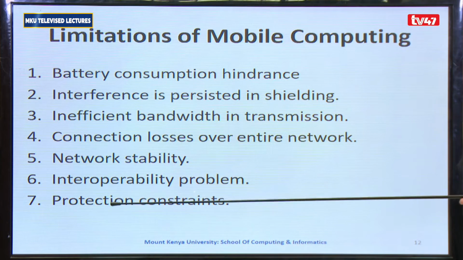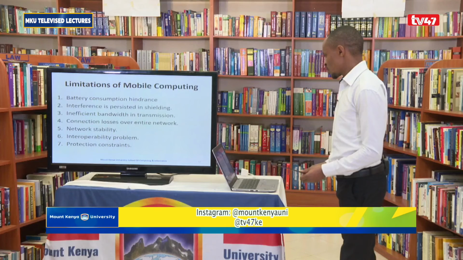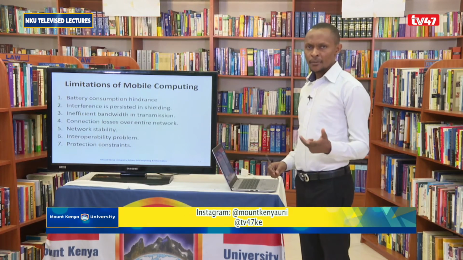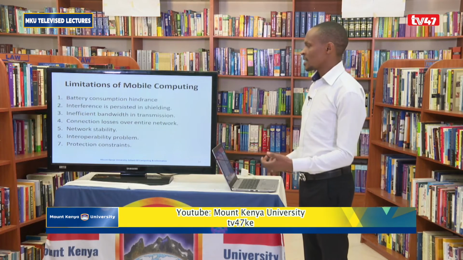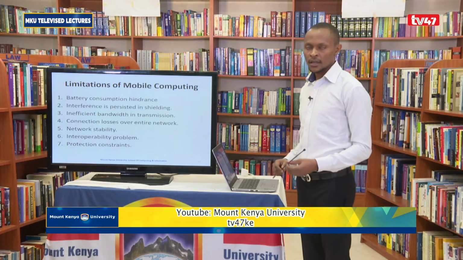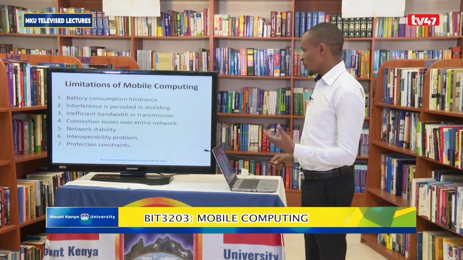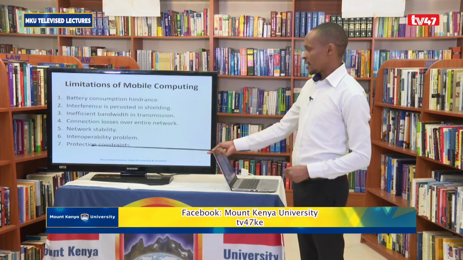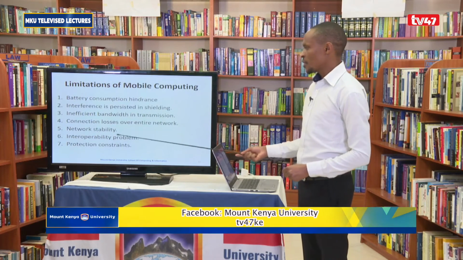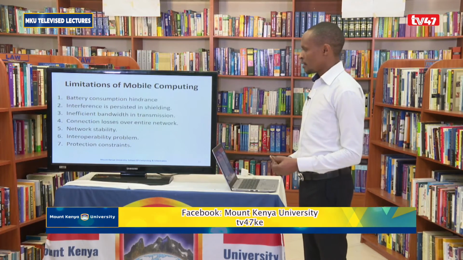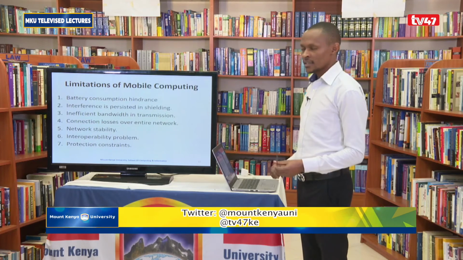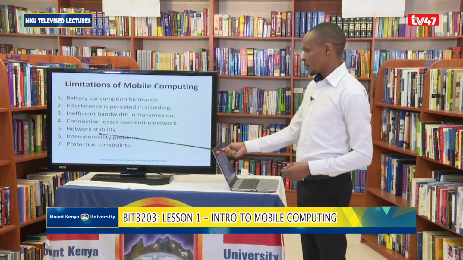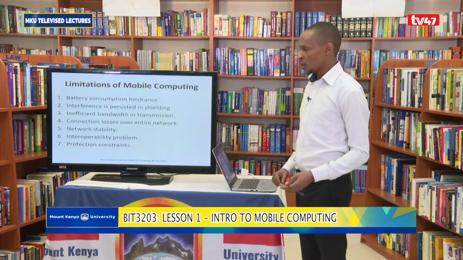The last but not the least is the protection constraint, whereby having a moving IP, which is the current standard of mobile communication in the fourth generation type of mobile devices, it becomes very hard, and it's an area of research to make sure the moving IP, that is the internet protocol, is protected, so that at any time your mobile device is secure.